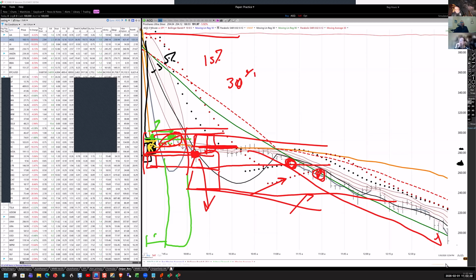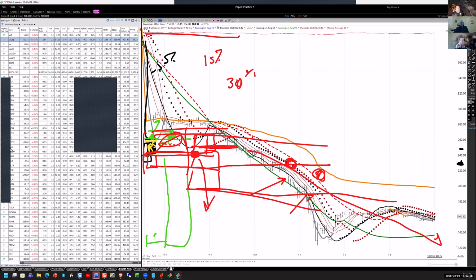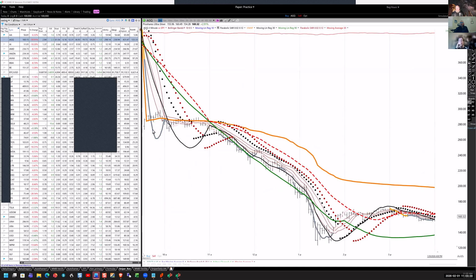And that thing collapses another huge amount. So this is where, oh, my Kenneth.